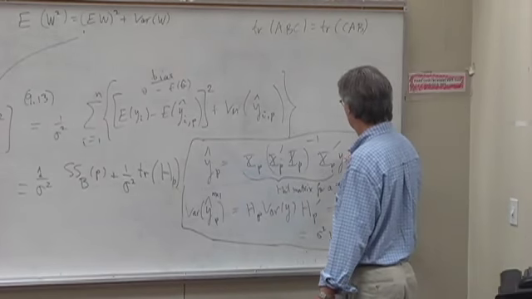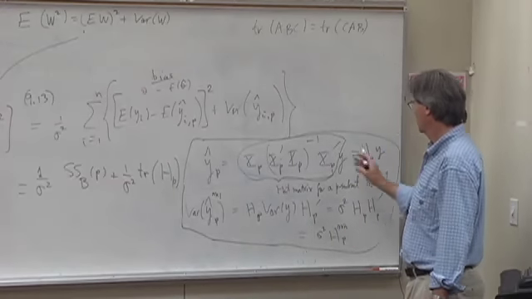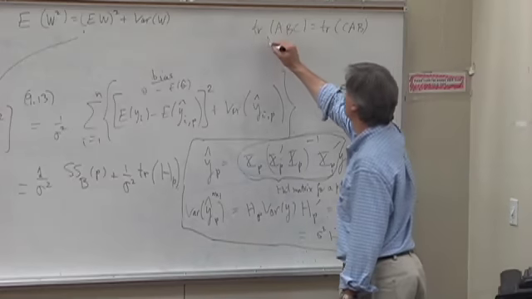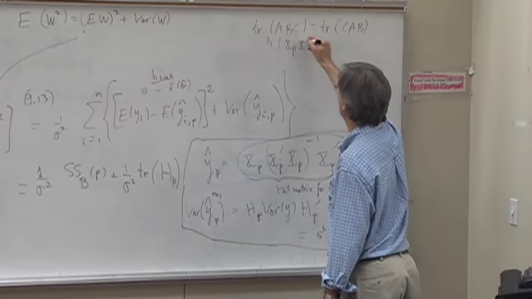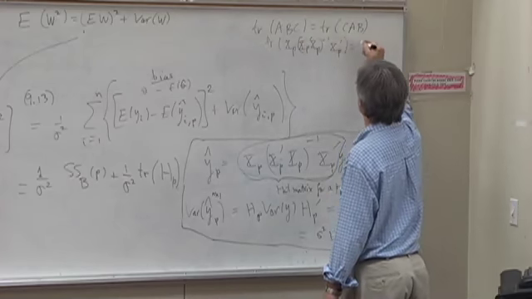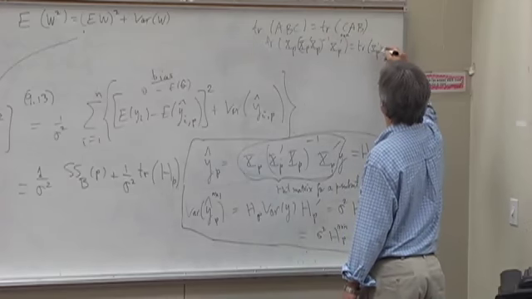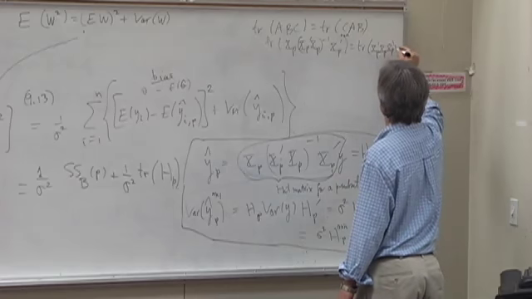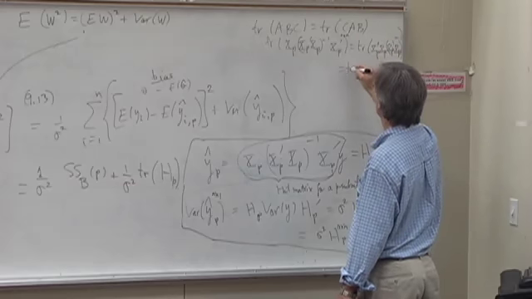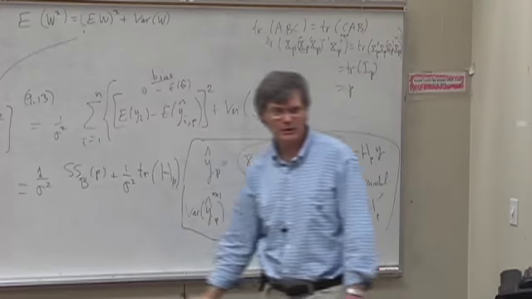So I get the trace of Xp (Xp prime Xp) inverse Xp prime, which equals the trace of Xp prime Xp times (Xp prime Xp) inverse. Since it's invertible, I just get the identity there, which is the trace of the identity, equal to p. The sum of the ones along the p by p identity matrix is equal to p.